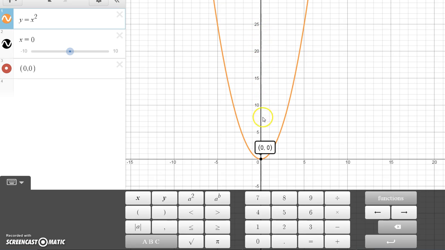In this case, the y-axis, or the line x equals 0, serves as the axis of symmetry. So from the equation of a parabola, you can determine three things: the vertex, whether it opens up or down, and the axis of symmetry. And we're going to talk about those three things next.